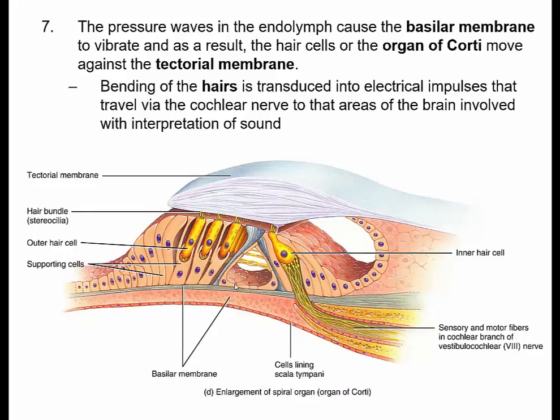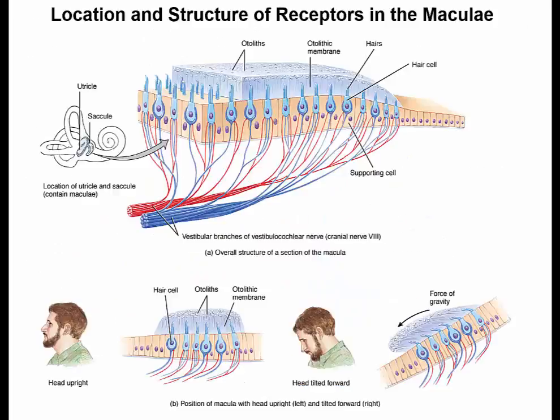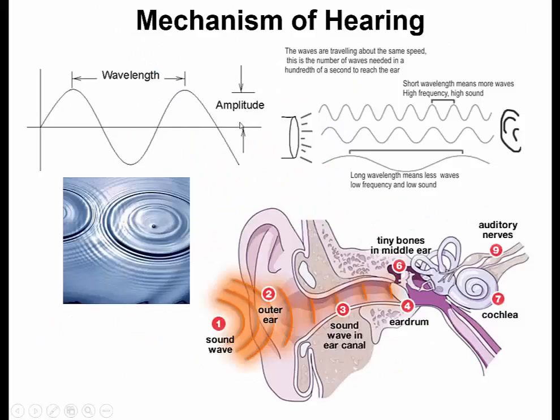The loudness of sound is determined by the amplitude of the wave, or the height of the wave. So I'm going to come back here, and when you look at amplitude, loudness is by amplitude. Now, the louder the sound, the higher the amplitude, the bigger the wave, and that's going to cause that basilar membrane to move up and down with greater extremes.